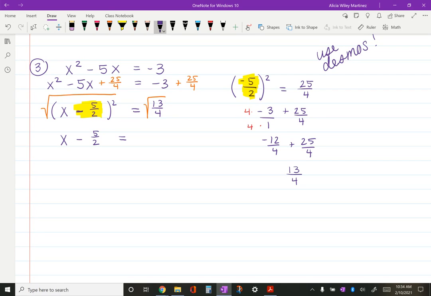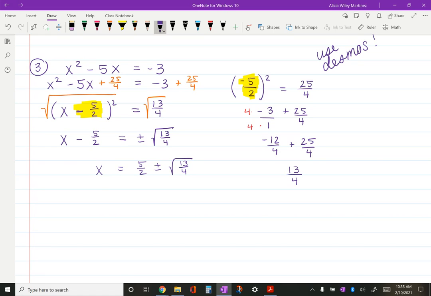Because we're giving our answer in decimal values, I'm just going to go ahead and leave it as the square root of 13 over 4. Okay. And then I'm going to go ahead and add 5 over 2 to both sides. And that's going to give me 5 over 2 plus or minus the square root of 13 over 4.